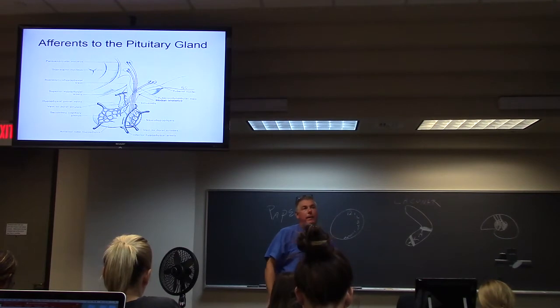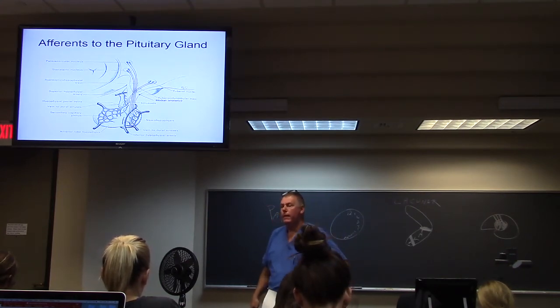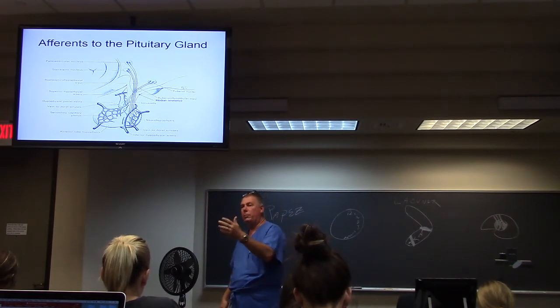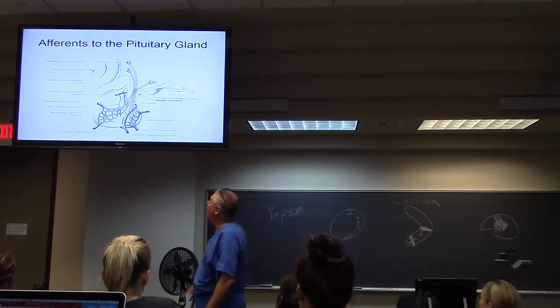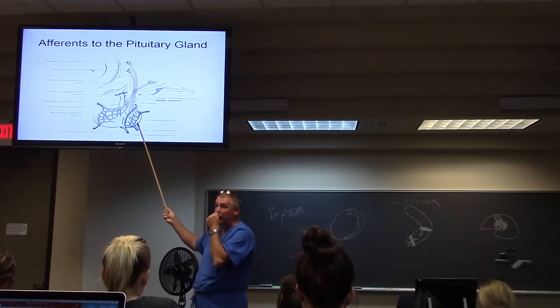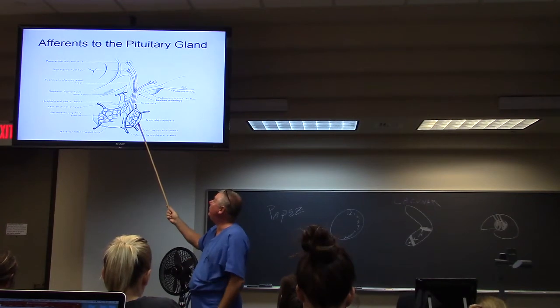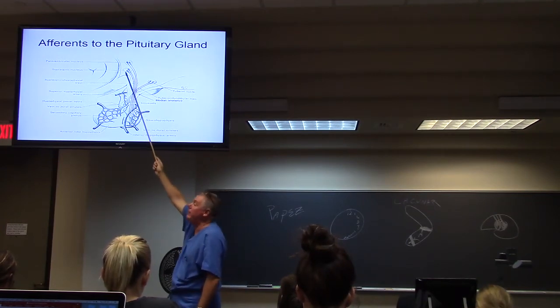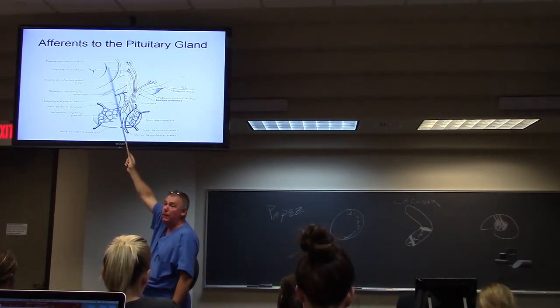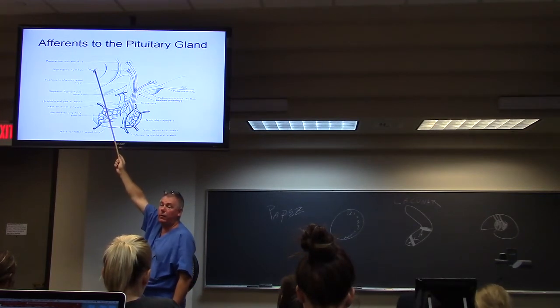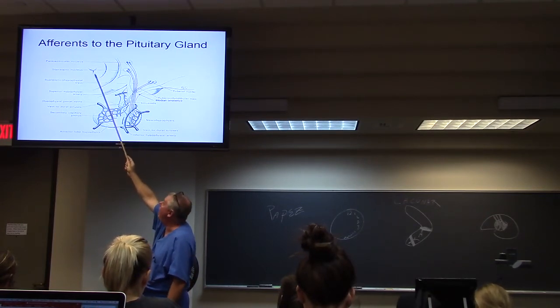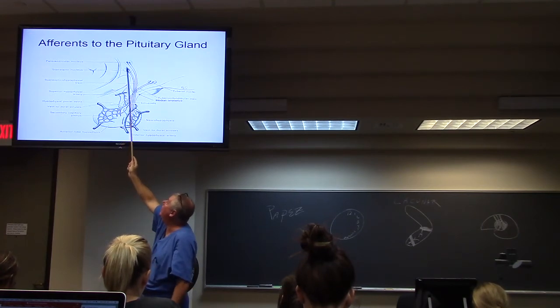Now, if you look at the innervation or the detail of the two parts of the pituitary, if you focus on the posterior pituitary first, since it came from the nervous system, the actual neurons that project to the posterior pituitary are up in the hypothalamus itself. The supraoptic and paraventricular nuclei up here.